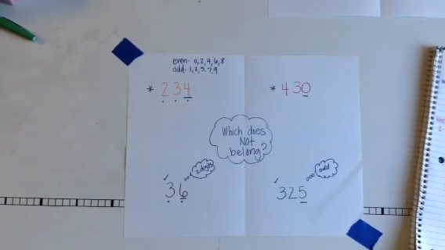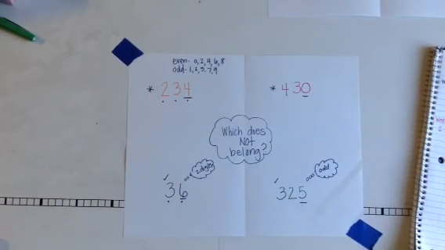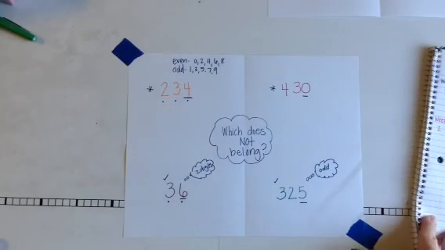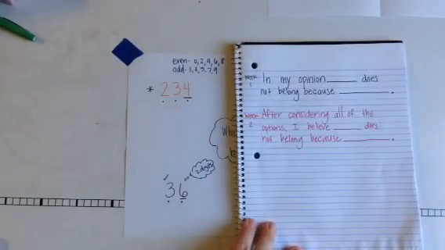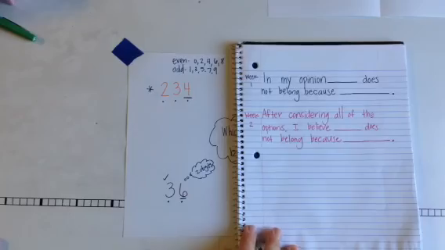Think about place value. Think about numbers that are greater than or less than. Think about what would happen if you added the digits together to get a sum. Be creative. Think about all of the reasons that you could think of that one of these numbers may not belong.